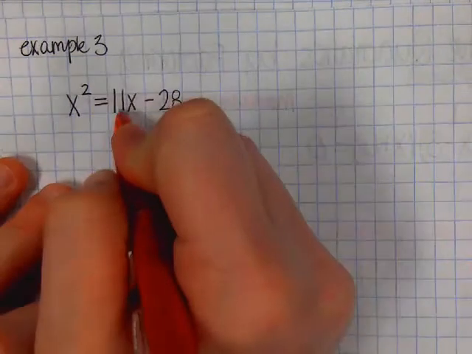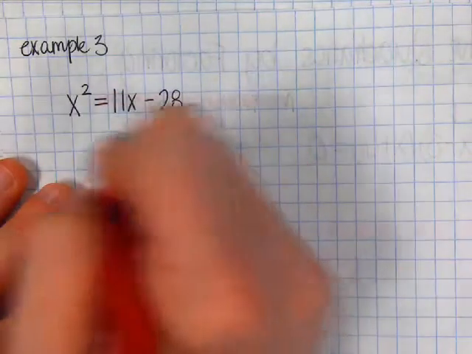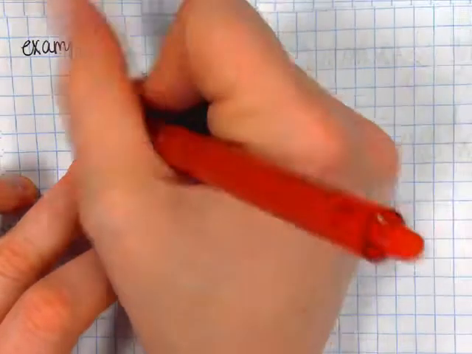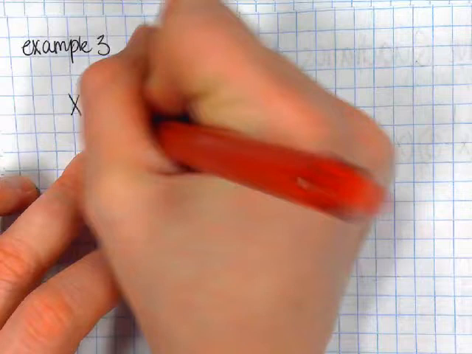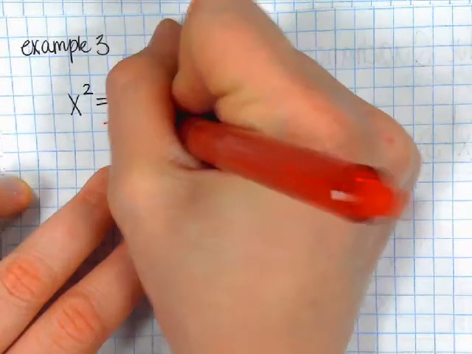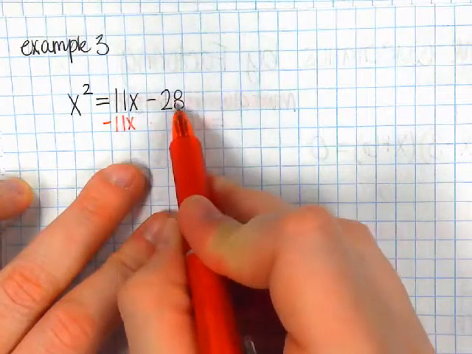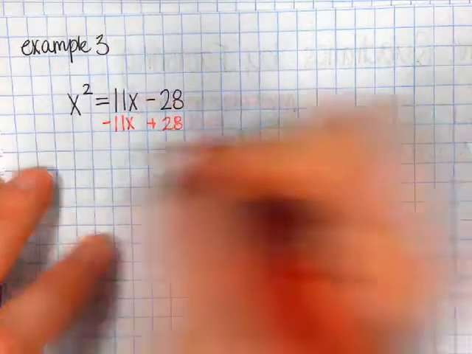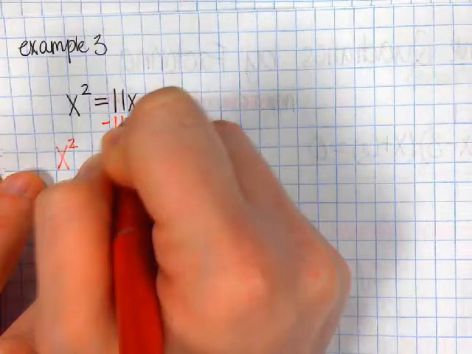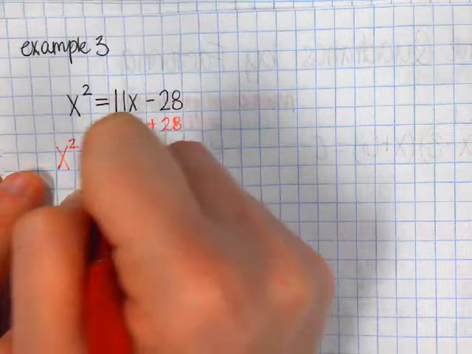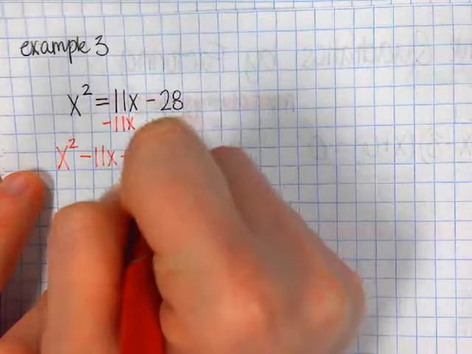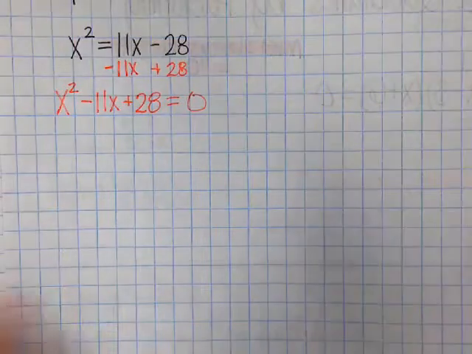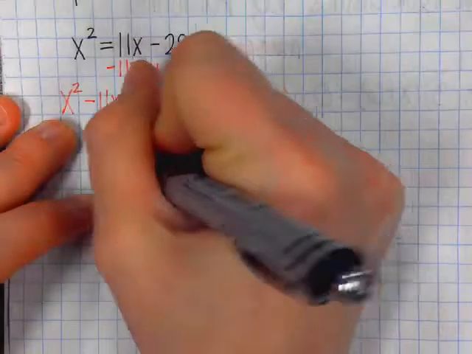So we need to set these equal to 0. So in order to do that, you need to move this 11x to the other side and the -28 to the other side. So right now 11x is positive, so I need to subtract it, and since it's minus 28, you need to add 28. So then it would be x squared minus 11x plus 28 equals 0.